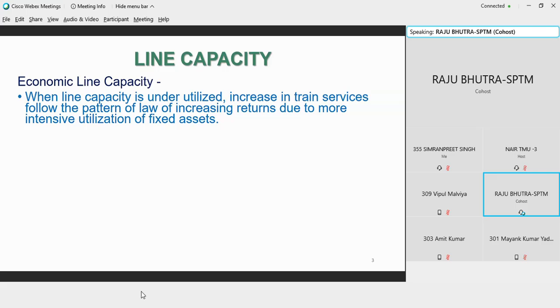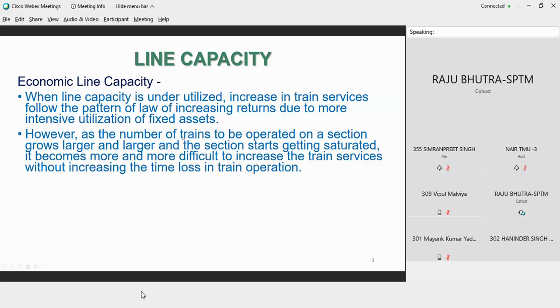We get more returns due to more intensive utilization of fixed assets. Whatever our assets are, tracks, signaling, OHE, etc., they are fixed assets. If we increase the line capacity utilization, we get more revenue with the same fixed cost.